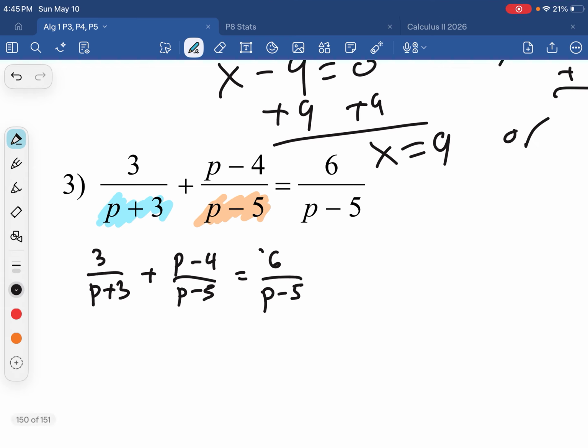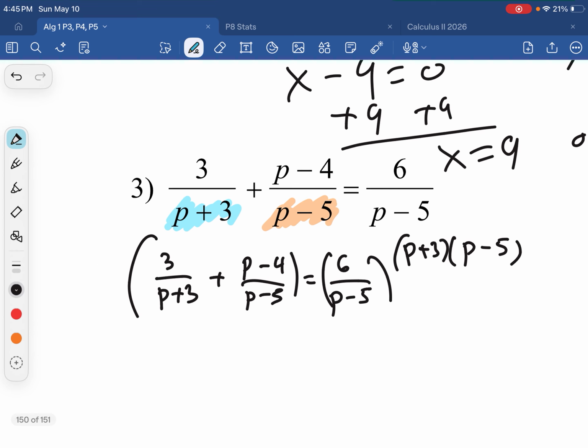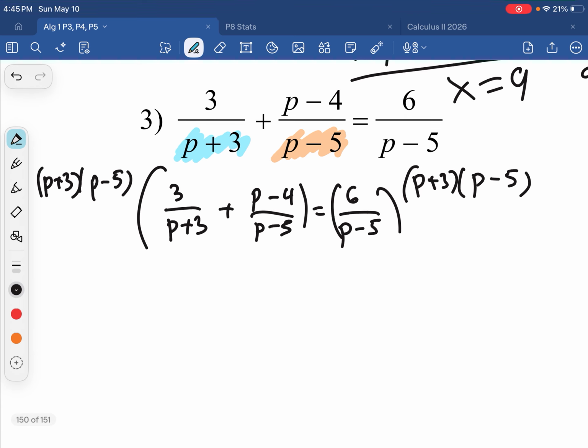I'm going to multiply both the left side and the right side of the equation by p plus 3 times p minus 5. You don't necessarily need to show this step, but I think it might help. I'm going to show we're multiplying it by each term. The p plus 3 and the p plus 3 cancel.